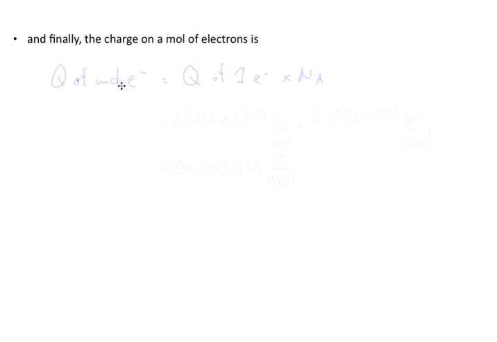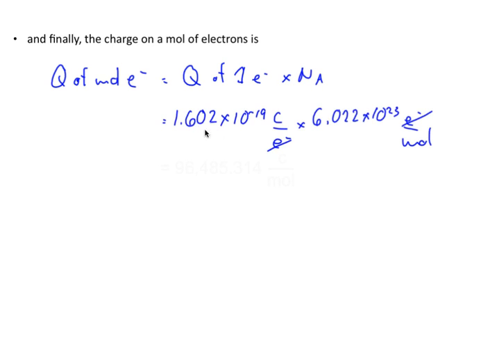We just take the charge of 1 electron, which we just found out, times the Avogadro constant, Na. And so there's the charge on 1 electron, 1.602 times 10 to the minus 19 coulombs per 1 electron, times the Avogadro constant, 6.022 times 10 to the 23rd electrons per mole. So what's the answer? Well, there is the charge on a mole of electrons.